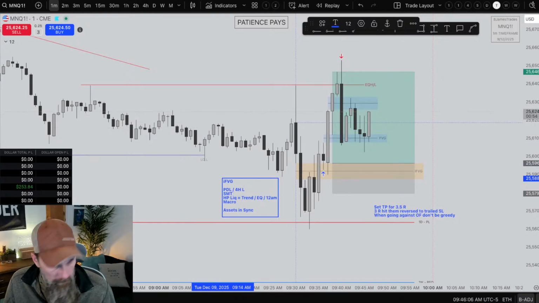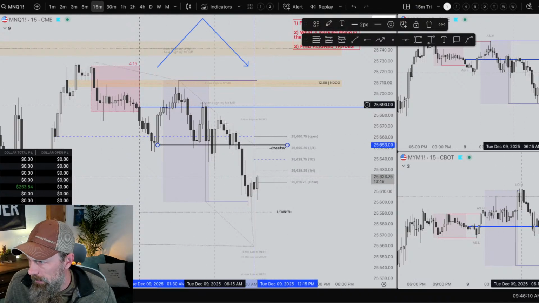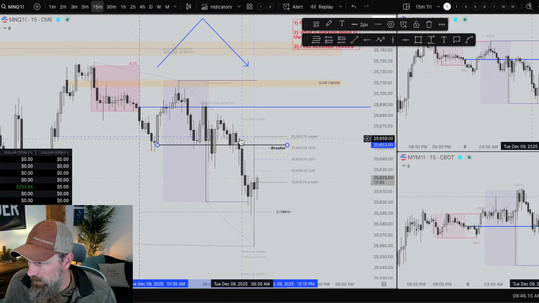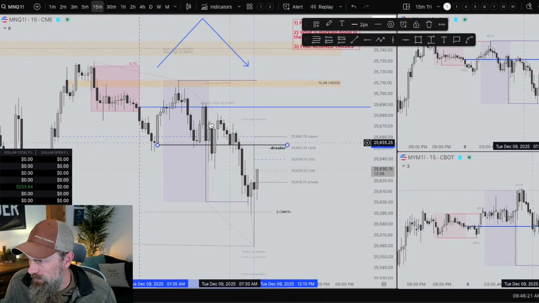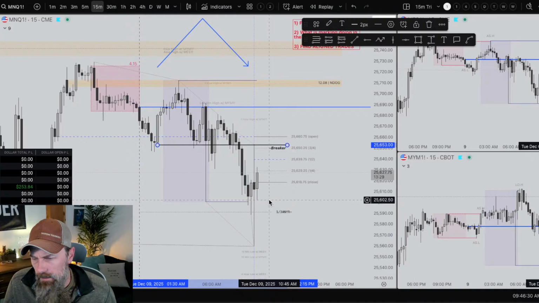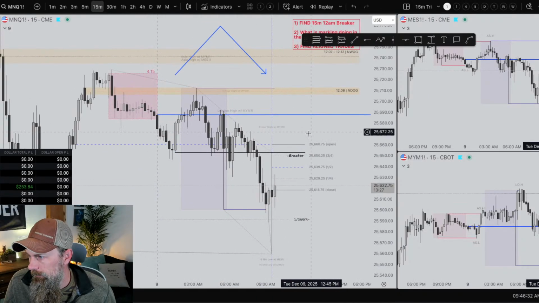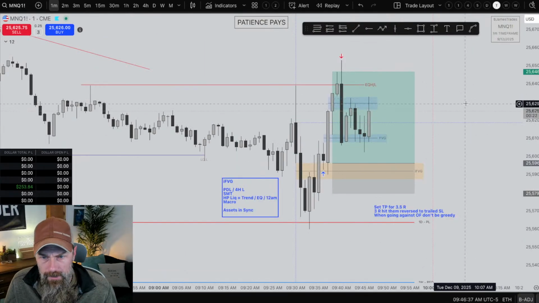It tapped into, I'll show you over here, price tapped into this 15-minute breaker right here perfectly and rejected. And I was targeting probably right to this high. So I can see where there could be resistance. Order flow is bearish. It looks like it may push up eventually, but definitely going into more of a consolidation right there.